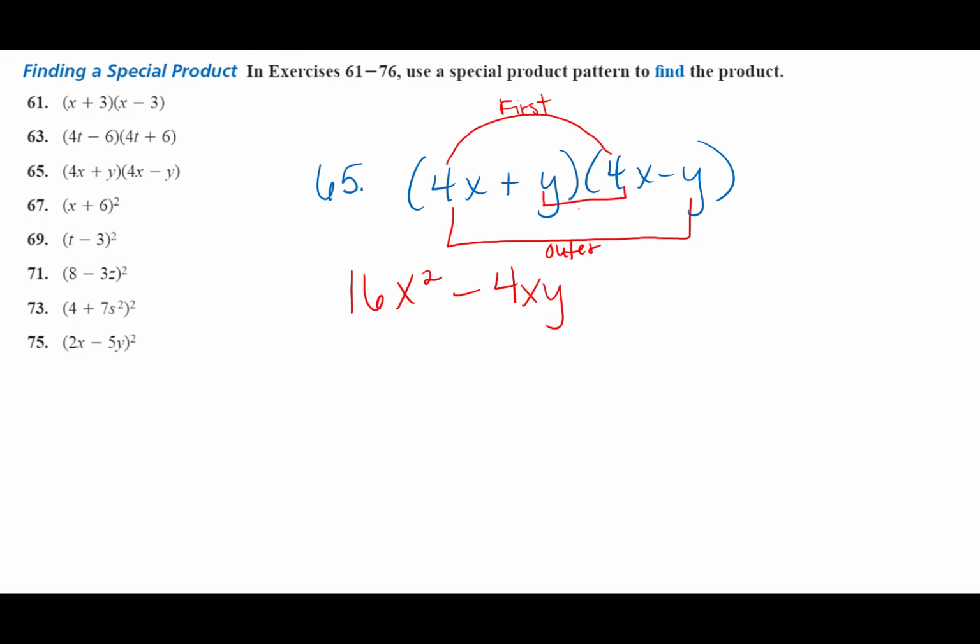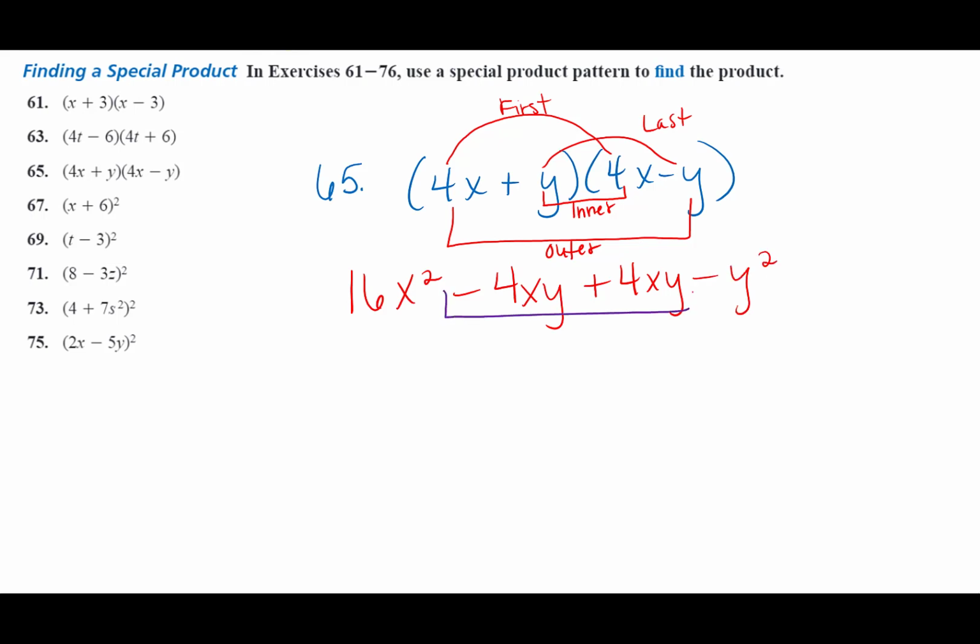Next, we'll multiply the inner terms together, which is y times positive 4x. Again, you have two variables, so just put them in alphabetical order. So that will be a positive 4xy. And then your last terms, positive y times negative y is a negative y squared.